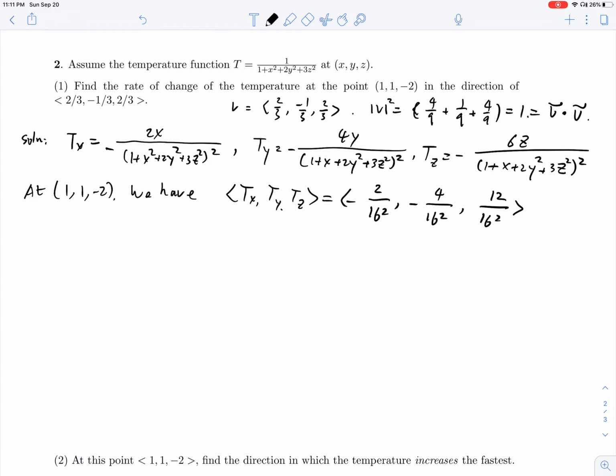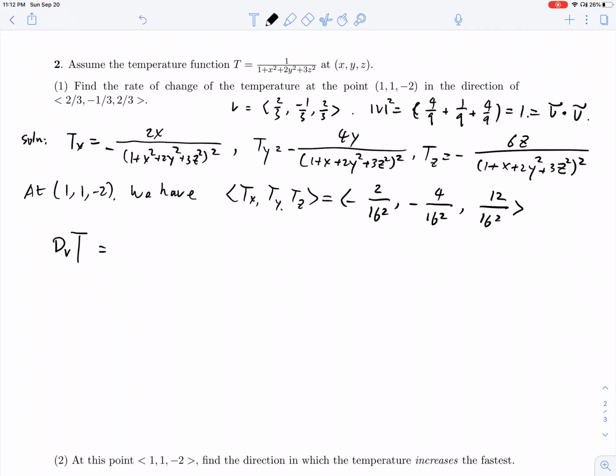So now, how can we find the rate of change in this direction? This is a derivative, so D_v. Now, let's be very careful because we are talking about the rate of change, so it can be negative and it can be positive. So let's not take the absolute value. Just take the derivative of this T in the direction of v. So that's exactly what we have over here.